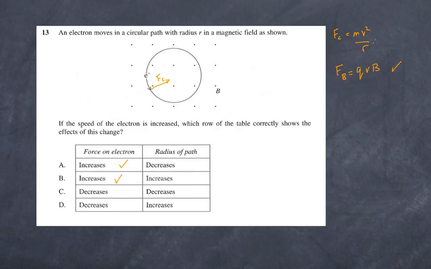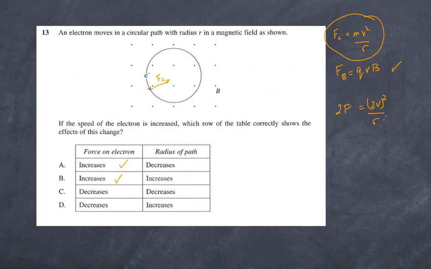But if you look at this formula over here with the centripetal force, if my speed doubles, remember that my force therefore also has to double as well. What will we do to the radius? Because of the square relationship here, if my speed or my velocity doubles, what we get is 2v all squared, and of course we're going to get twice the force because we've established this relationship here.